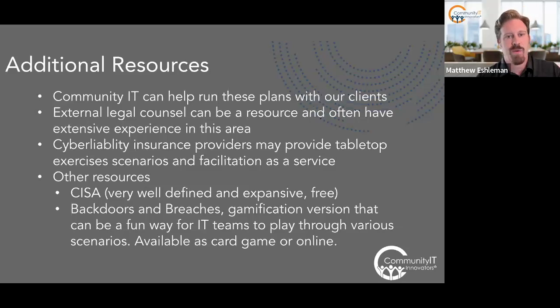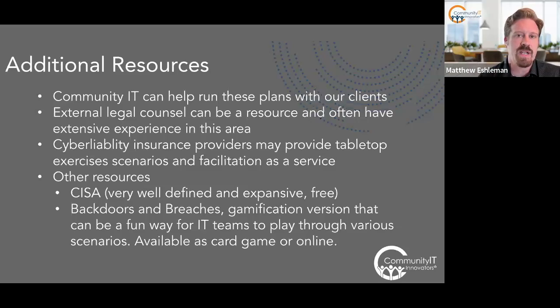So Community IT, we're a great managed services provider. We can do really good first order response, but we can't do everything. And so if there's a really serious breach, our clients would work with their cyber liability insurance vendor to get another incident response in place.